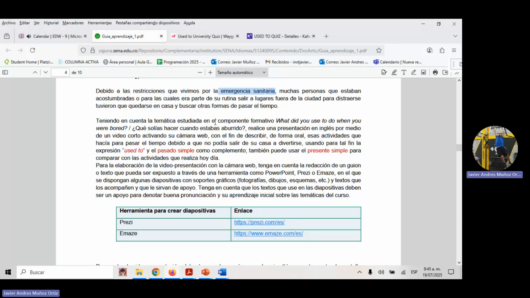Let's remember that the Learning Guide says, debido a las restricciones de la emergencia sanitaria, muchas personas que estaban acostumbradas o para las cuales era parte de su rutina salir a lugares para distraerse tuvieron que quedarse en casa. Tomando en cuenta eso, ¿qué solías hacer cuando estabas aburrido?